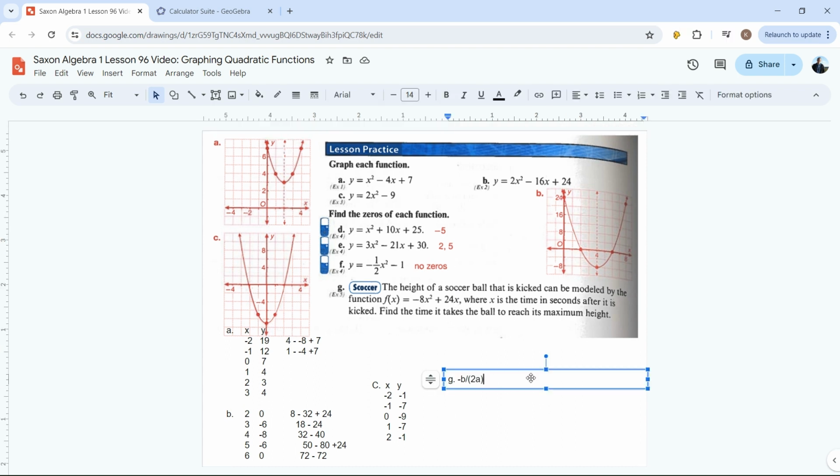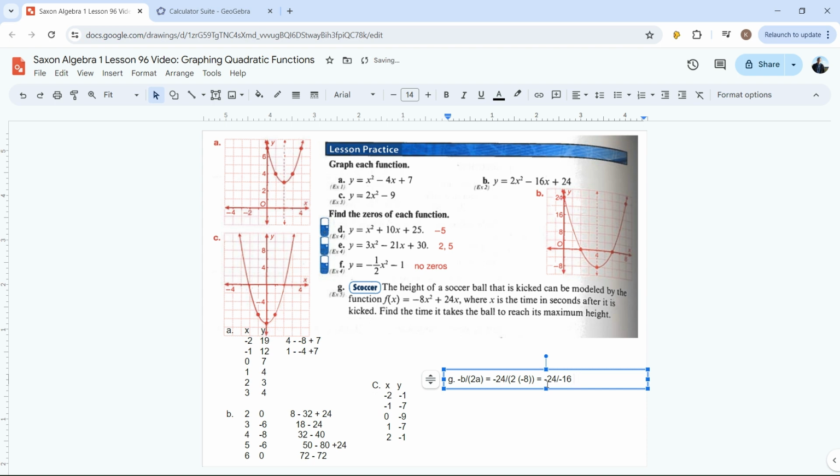So for this, I'm going to use negative b over 2a. In this equation, b is the coefficient of the x term. So this would be negative 24 over 2 times whatever a is. A is the coefficient of the first term, so it'd be 2 times negative 8. This is the same as negative 24 over negative 16, because 2 times negative 8 is negative 16.